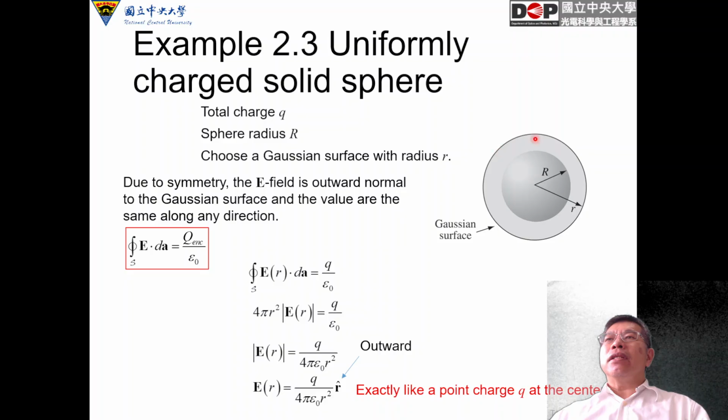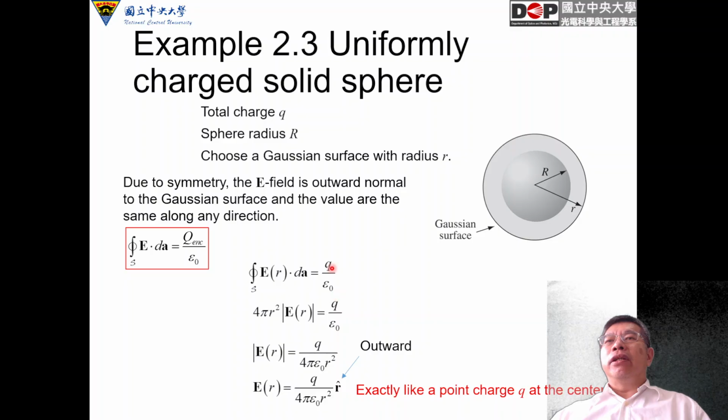So we choose this Gauss surface to enclose the total charge. Since the field is normal, the inner product can be removed, and the area A is 4 pi r squared, the surface area of a sphere.